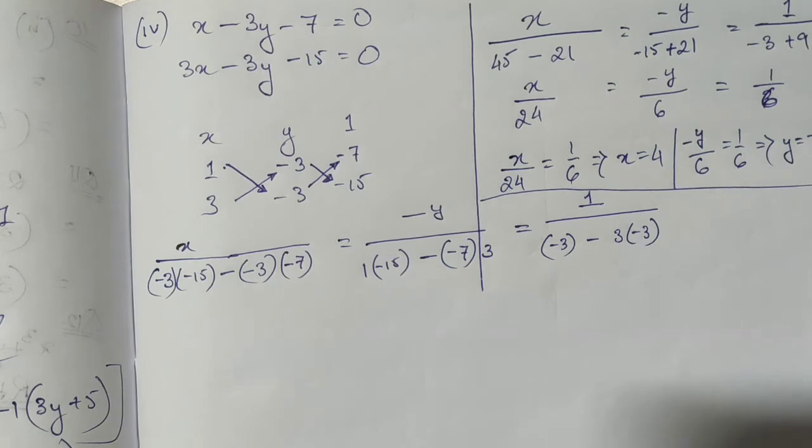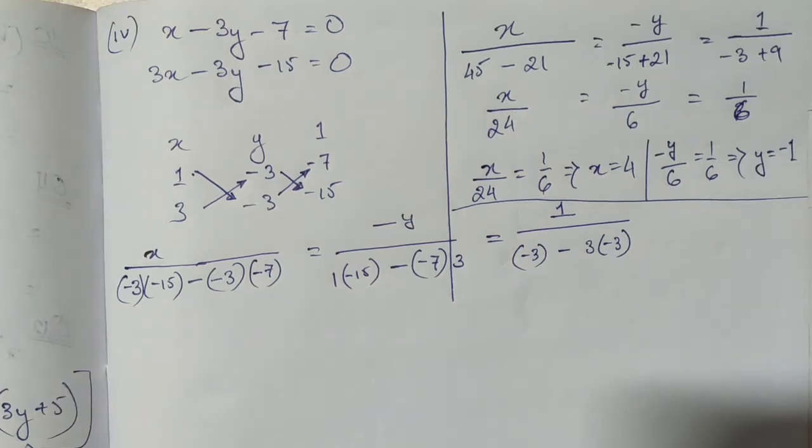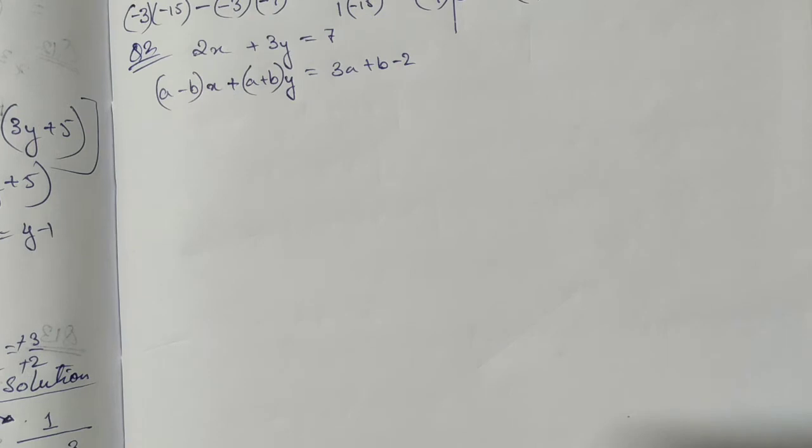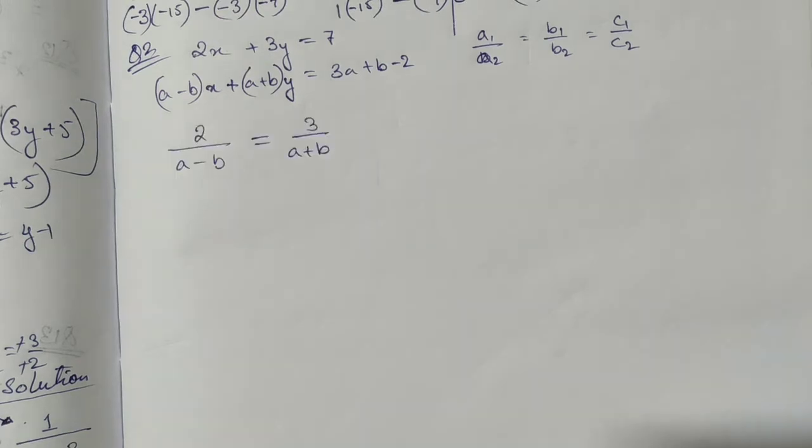Okay, understood? Now we'll move on to the next question, for which we need to find the value of a and b, so that the equations given should have infinite number of solutions. So for this equation to have infinite solutions, it should follow this condition. So we have got this.